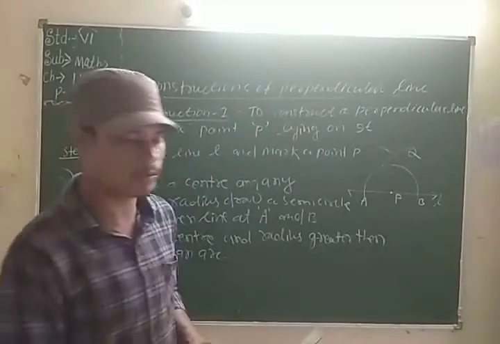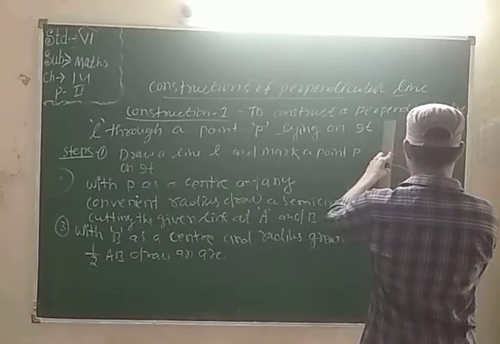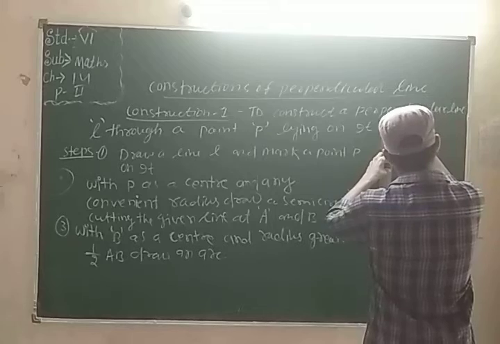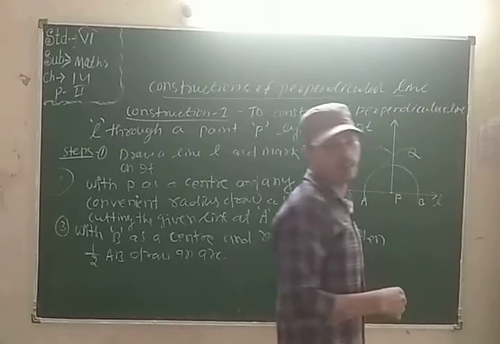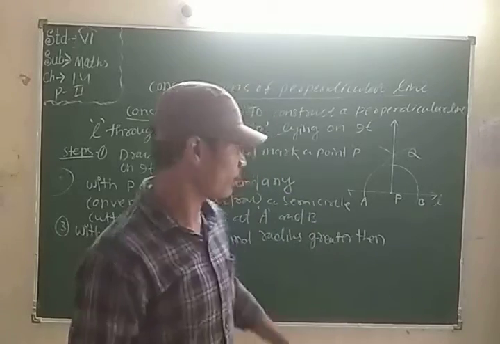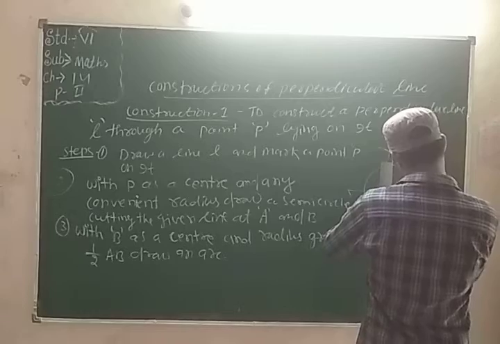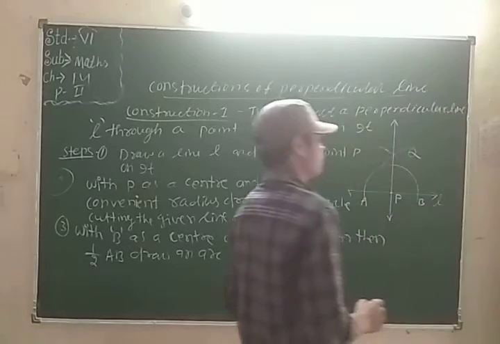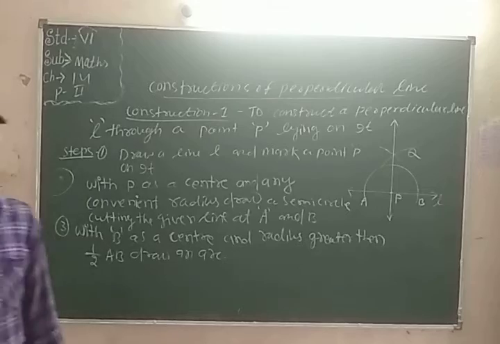And then lastly, we join the points Q and P. Here is the perpendicular line PQ. You can easily pass perpendicular line constructions this way in two steps.